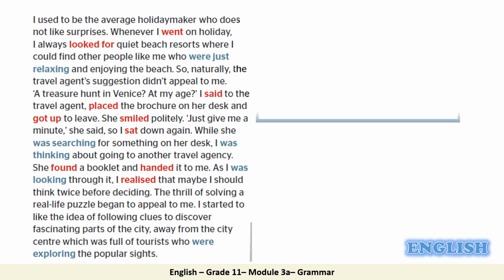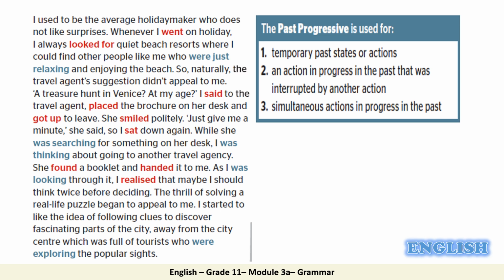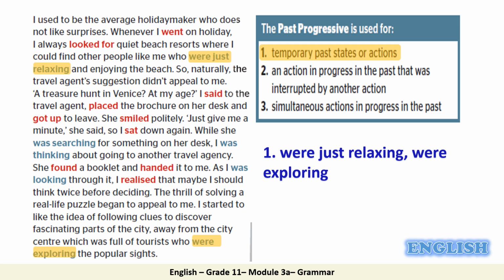Okay, dear students, who is going to do number one, temporary past states or actions? Yes, number one is matched with, yes, the first verb, we're just relaxing, and the second one, we're exploring. Very good. Two verbs, thank you. Number two, an action in progress in the past that was interrupted by another action.